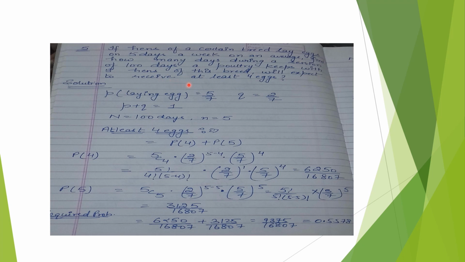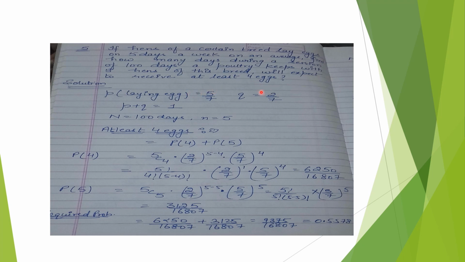Now we have to find how many days during a session of 100 days a poultry keeps 5 hens of this breed. They are talking about a particular poultry, and this poultry has 5 hens of this particular breed which lay eggs 5 days on an average in a week, receive at least 4 eggs.